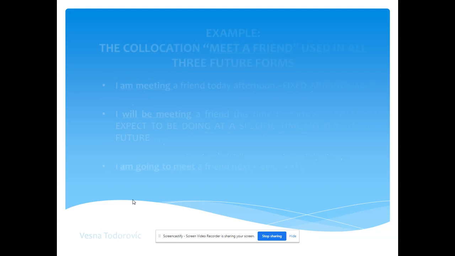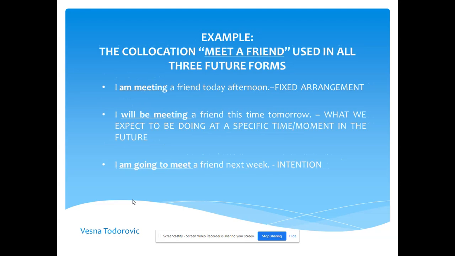Now, to clarify something, we can use all these verb forms with the same action, for example, and all these sentences would be grammatically absolutely correct. But it depends on what each of these sentences would mean. So I took an example of a collocation, meet a friend, and I used it in all 3 phrases and verb forms that we discussed today.